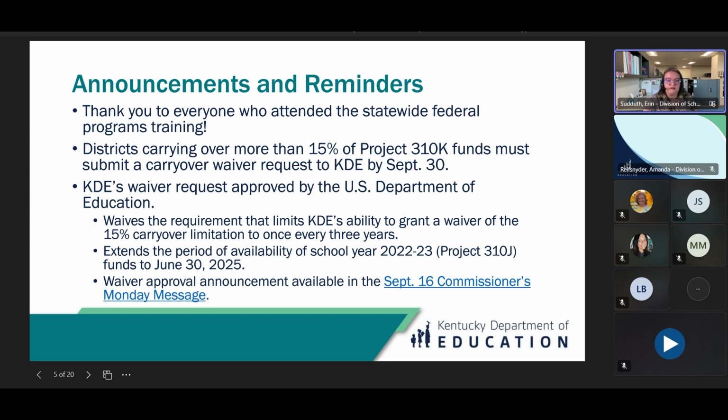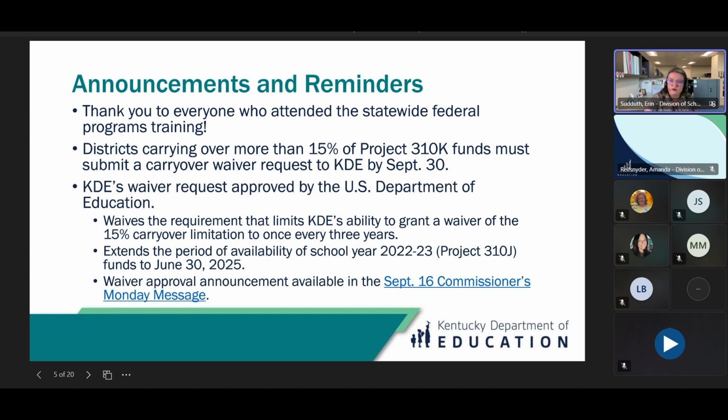I do want to make a little point of clarification about the carryover waiver. This waiver that we received from the U.S. Department of Education allows us to grant districts a carryover waiver, even if that district has already gotten a carryover waiver in the last 3 years. Typically, you're only allowed to do it once every 3 years.